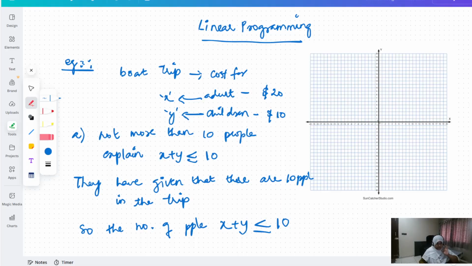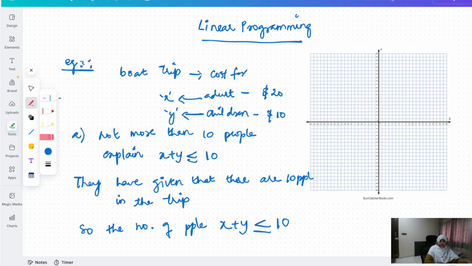So this is the inequality, and this is true. You have to explain why this is true, so it is obvious. Since they have given not more than 10, when you add them, you should get 10 or a lesser value. Got it? Yes.